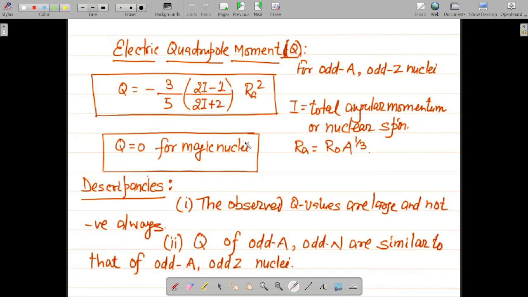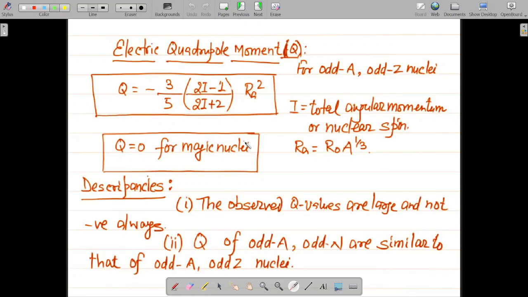Either only Z can be a magic number, or only N can be a magic number, or both Z and N can be magic numbers.